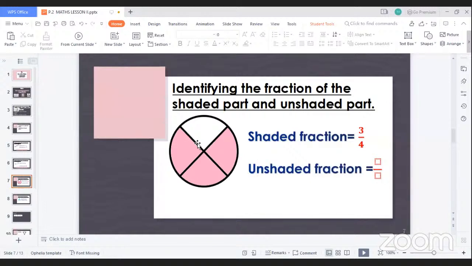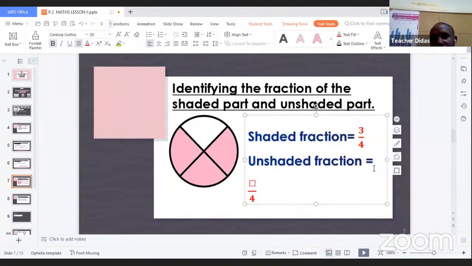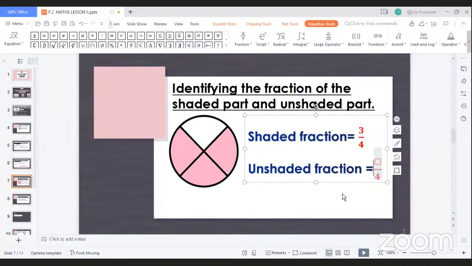Let's count them. 1, 2, 3, 4. The numbers we have counted, we put them down because they are called denominator. They are called what? Denominator. We put it where? Down.